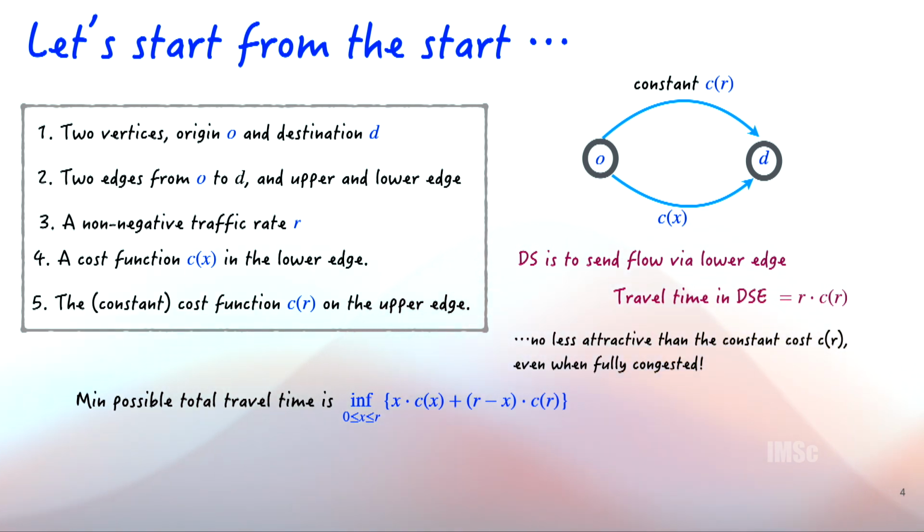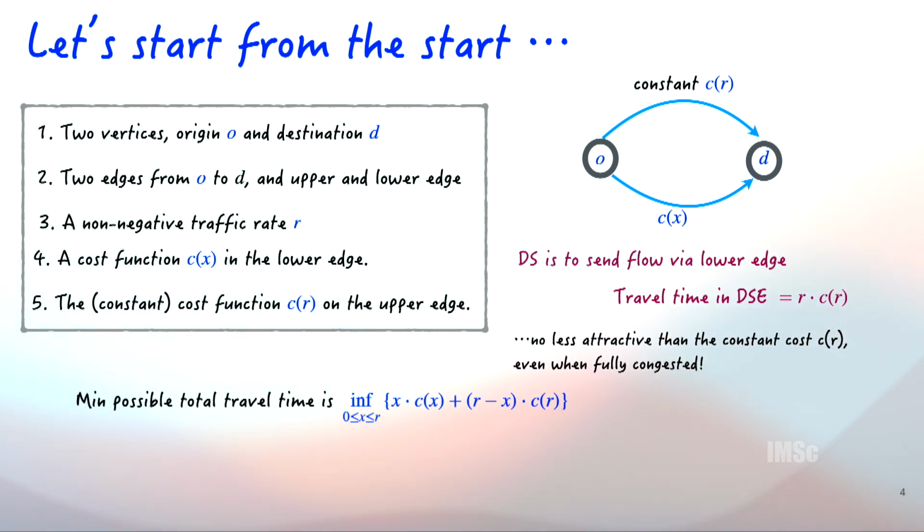So you want to shift x amount of flow from that lower edge, such that now the bottom part has x times Cx, and whatever is left goes to the top. You route x units of flow, you incur a cost of Cx, R minus x is left for the top edge. So R minus x times C of R, that is the delay.